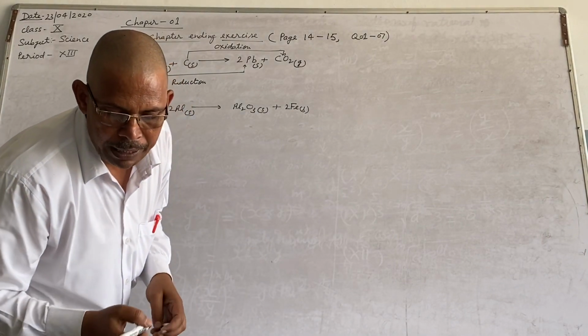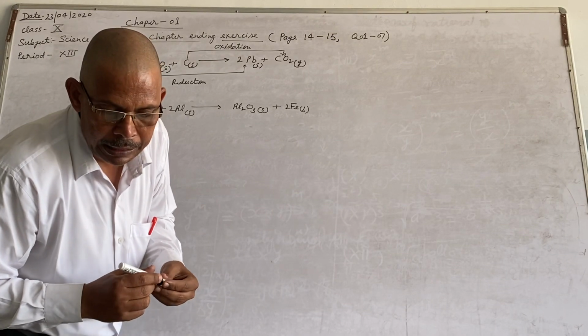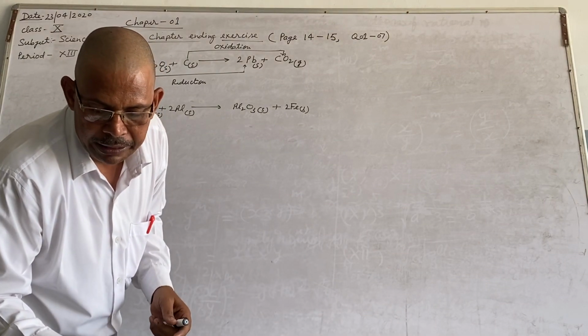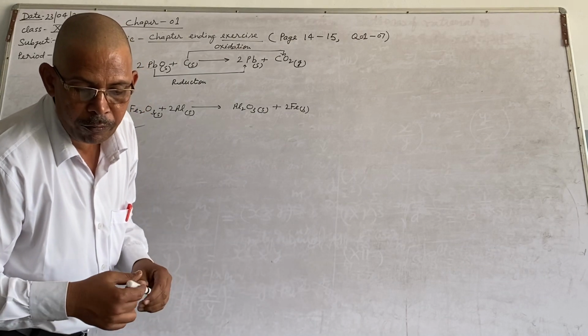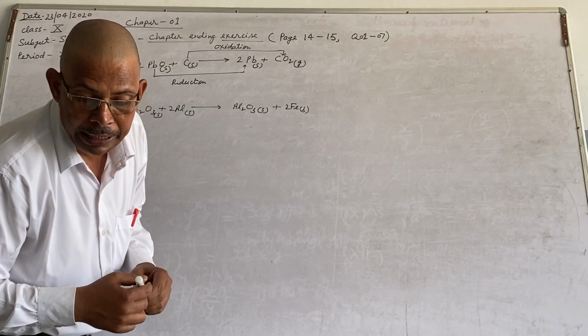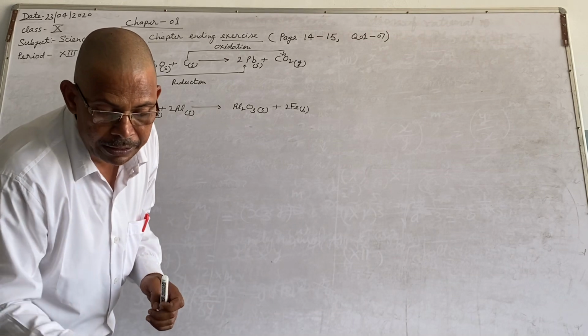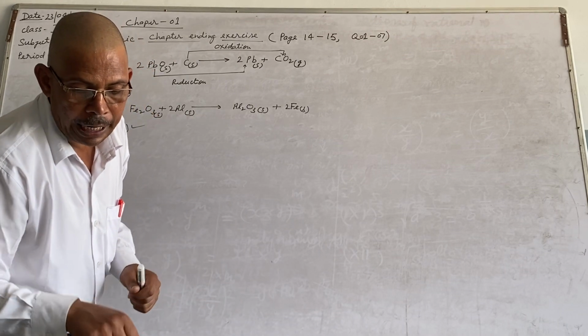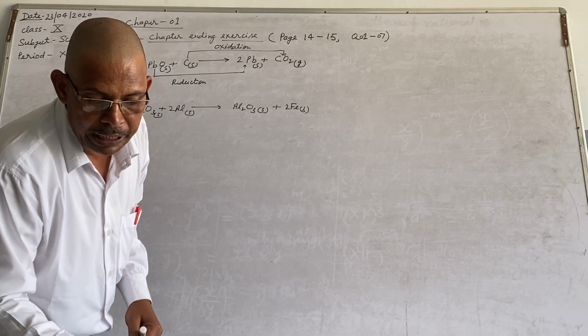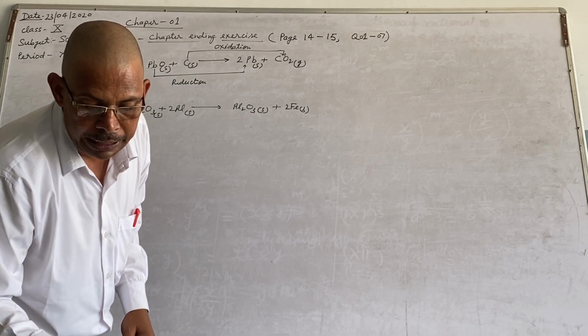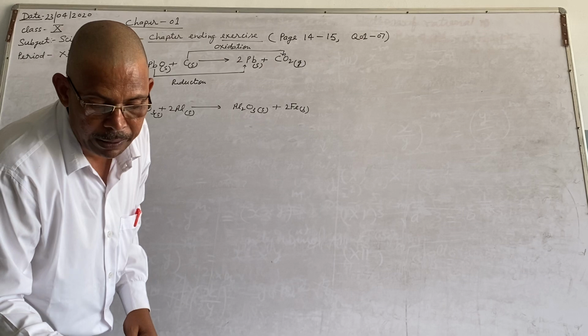Question number 3. What happens when dilute hydrochloric acid is added to iron filings? Tick the correct answer. Hydrogen gas and iron chloride are produced. Chlorine gas and iron hydroxide are produced. No reaction takes place.